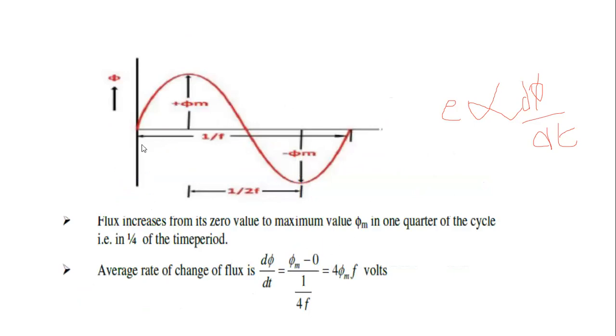This is the full cycle of the sinusoidal waveform, so the time period is 1/f. This is the plus phi m notation, the maximum flux in the positive half cycle, and this is the maximum flux in the negative half cycle, indicated as minus phi m.